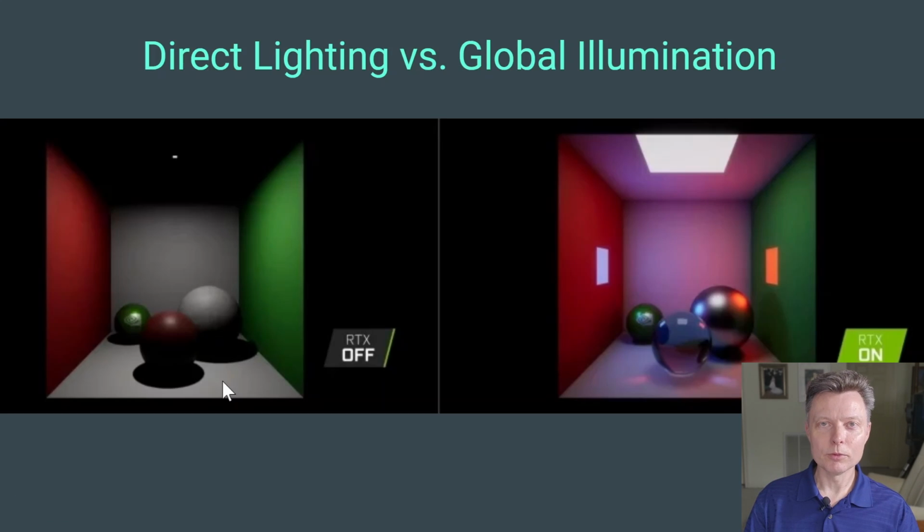Now, as I mentioned before, you can add shadows back in with a technique called shadow mapping. And so we can see that here. We have some shadows, and that does help a lot with the visual depth cues in the scene. So we can tell that these spheres are sitting on the ground because of their shadows.